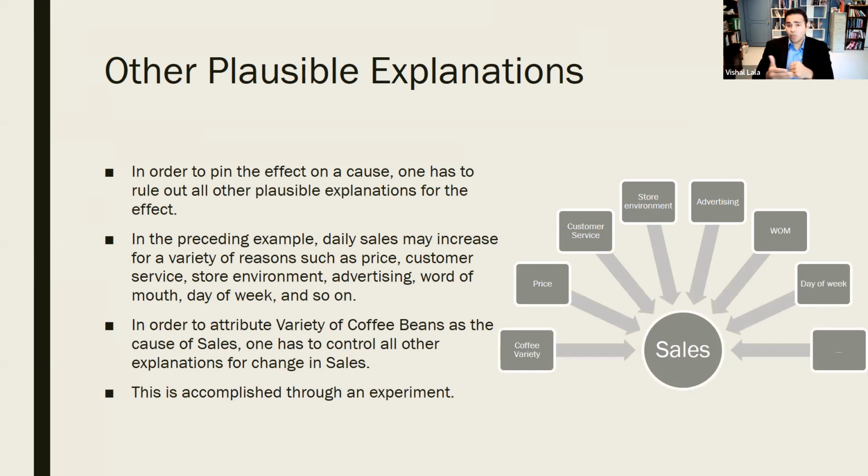The only sure way to control for all other plausible explanations is to conduct an experiment. What an experiment does is it artificially controls for the effects of all other variables. Okay? In a sense, it's going to change one thing and only one thing and not let anything else change. This way we can isolate the effect of coffee variety on sales and see if that effect is indeed present or not.